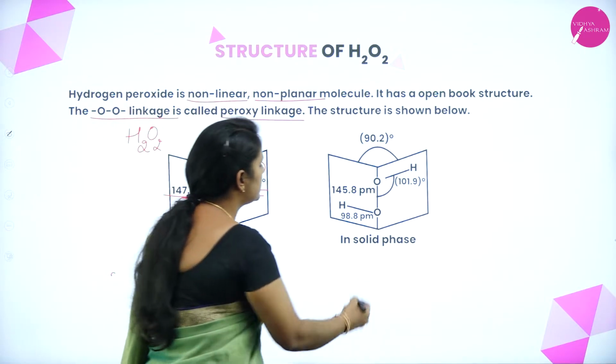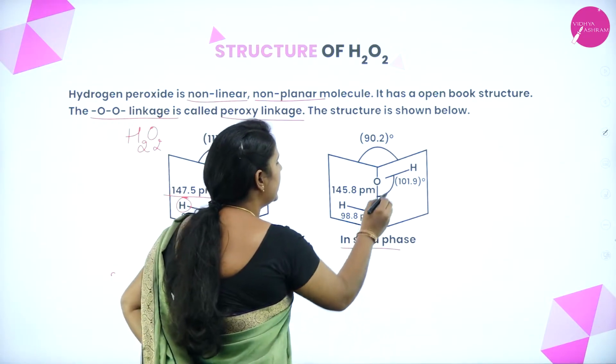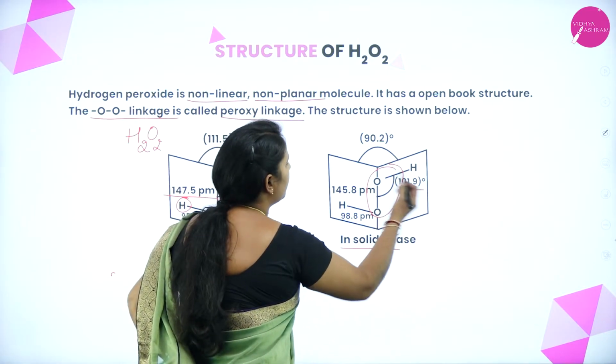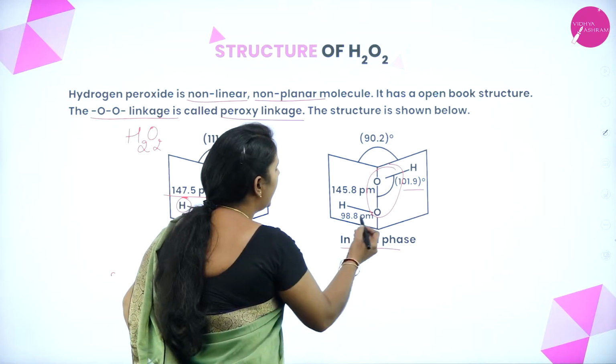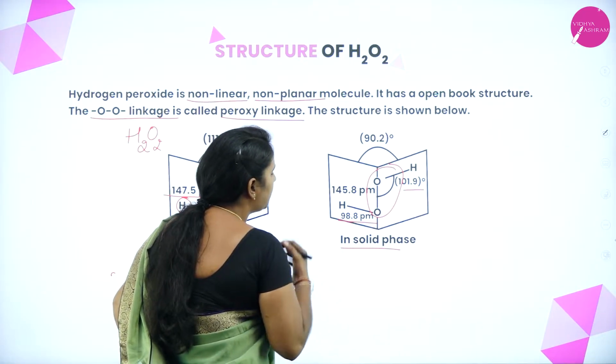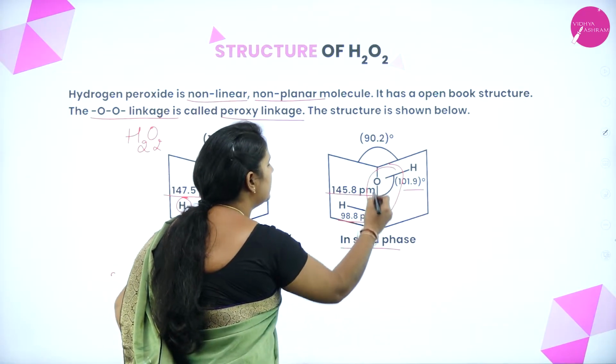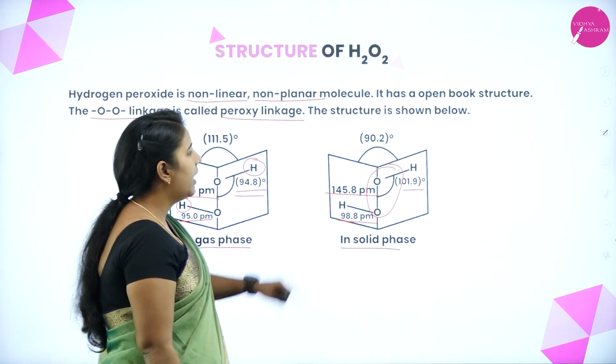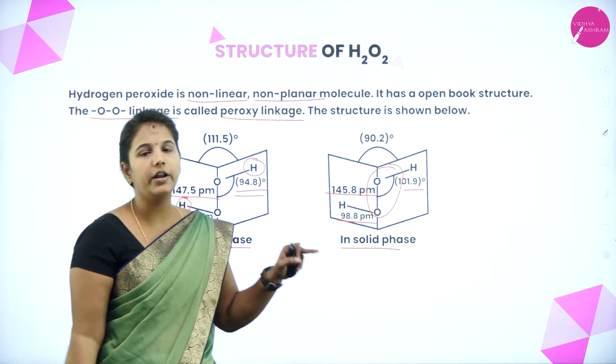In the solid state, again there is a peroxide linkage between two hydrogen atoms, and the bond angle will be 101.9 and the bond length will be around 98.8 picometer. The bond length of two oxygen atoms is 145.8 picometer, and it has a bond angle around 90.2.